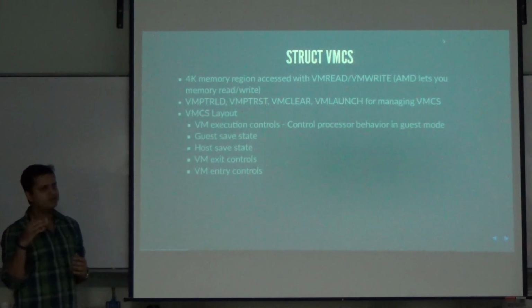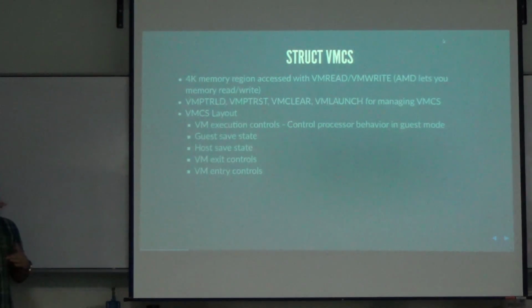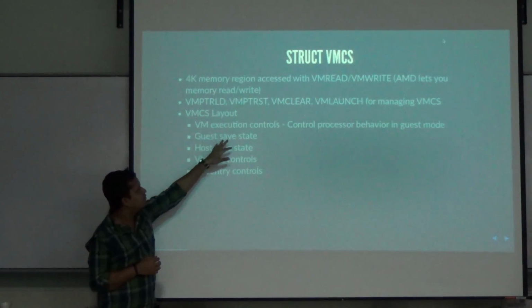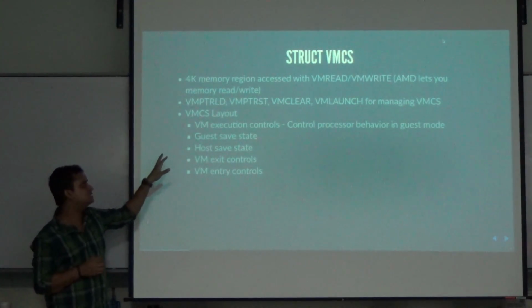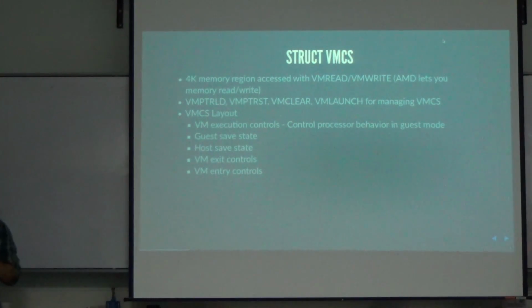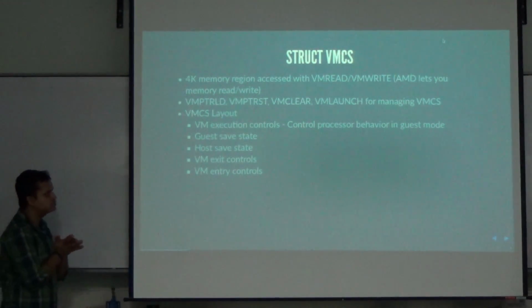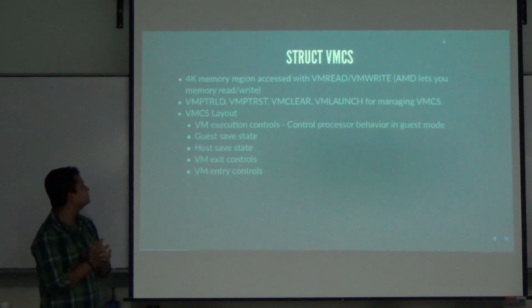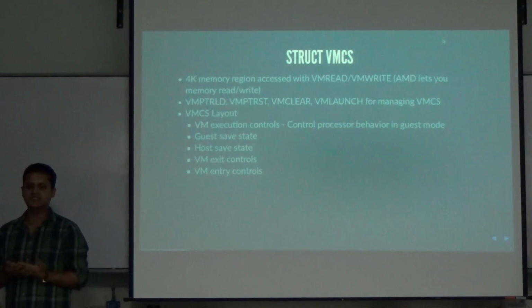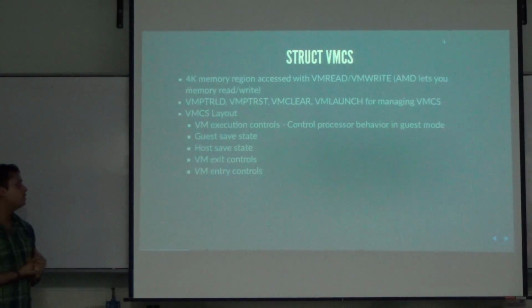And if you want to divide the VMCS into specific portions, then there are five parts. The first part is the execution controls that lets you decide what kind of features are exposed to the guest, or what kind of features are used to run the guest. For example, there's hardware-enforced page table translation called EPT.